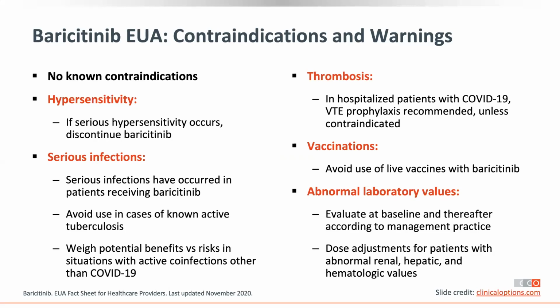Vaccinations: use of live vaccines also has to be avoided with baricitinib. You need to monitor the liver, the kidney, and also the blood profiles, hematological values, for someone who is receiving baricitinib.